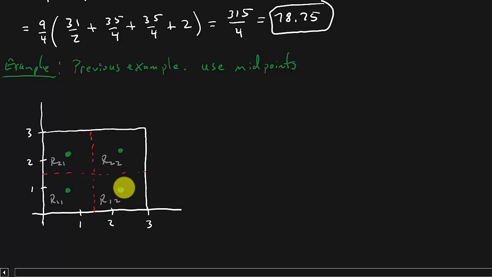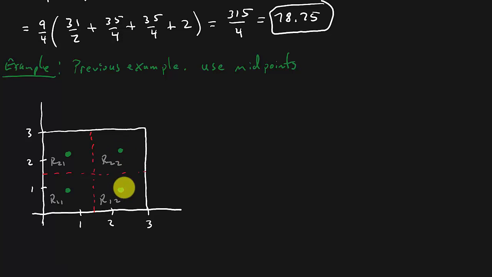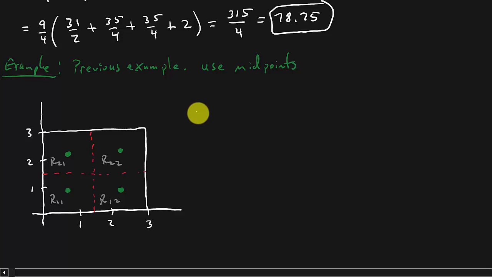And of course, we've got the same thing. We've got m equal to 2, n equal to 2, and I think we had delta A, what was that, 9/4. See, all that's the same.